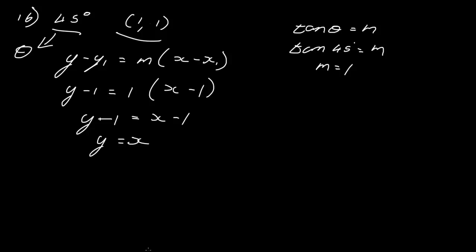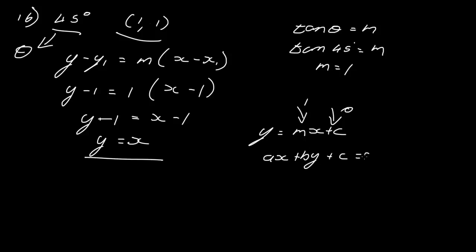And that's the equation of the line, and this is actually in y equals mx plus c, gradient form, where c is 0. Okay, and m is 1. But they want it in general form. And general form is ax plus by plus c equals 0, right? So let's just write it like that.